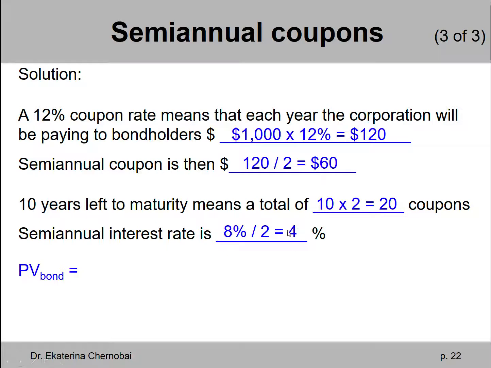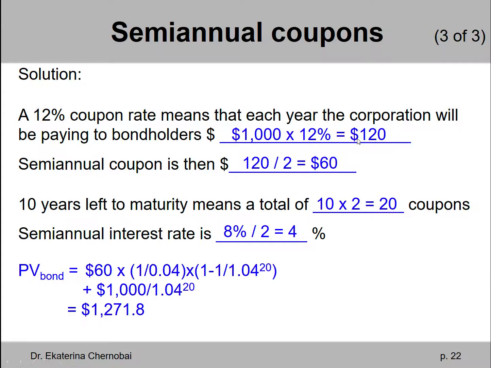And 4% is the correct discount rate that we will use. So plugging these numbers into the bond present value formula will give us the bond value of $1,271.80. This is a premium bond because it costs more than $1,000.